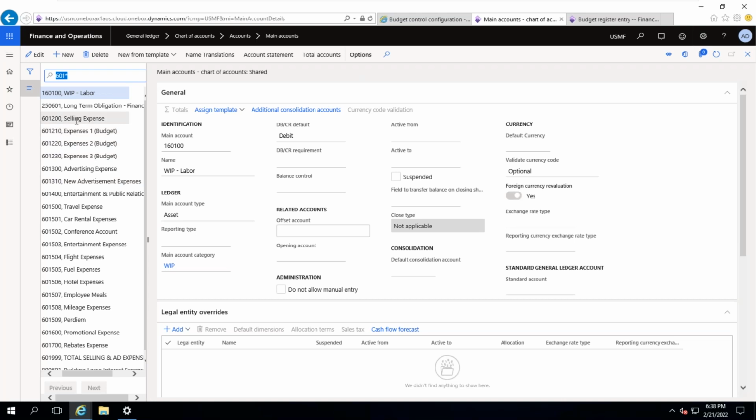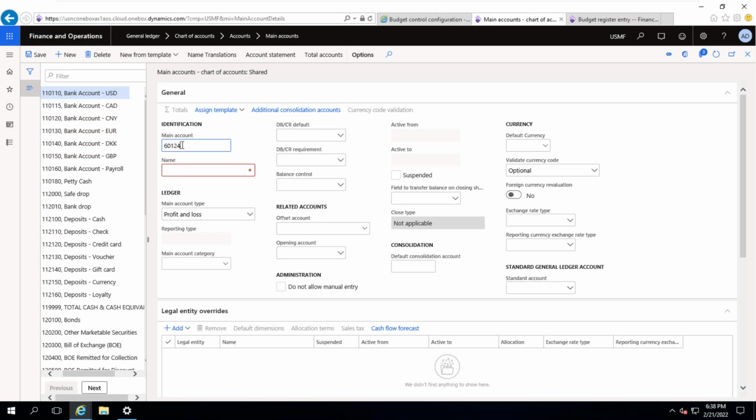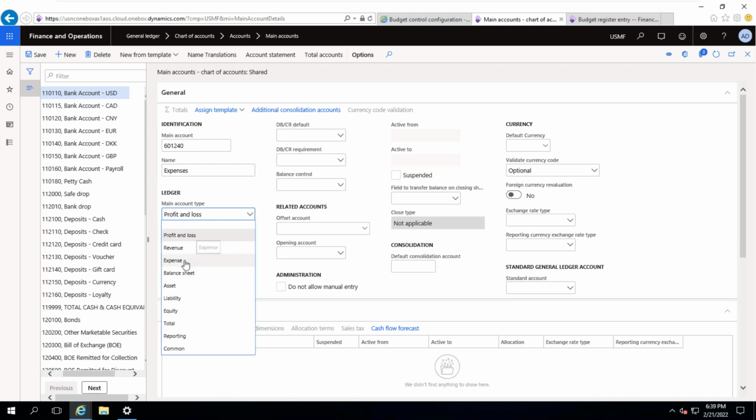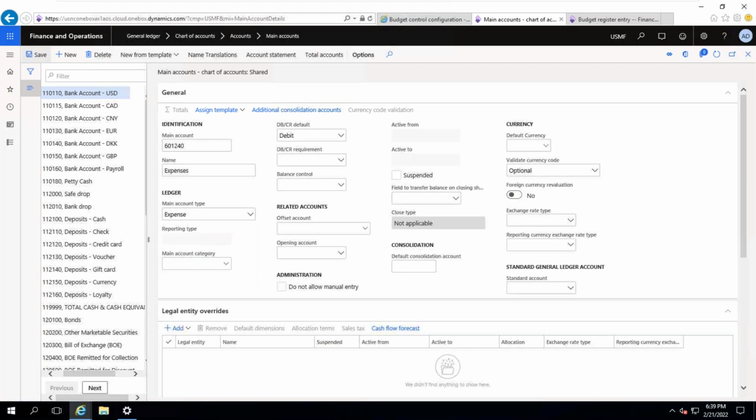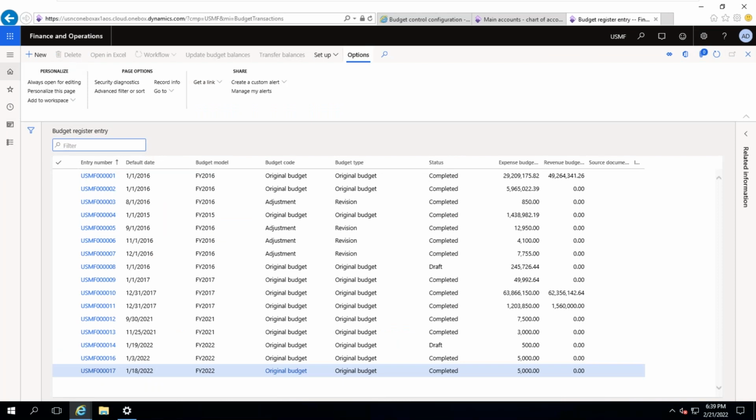So 601200, 601220, like this it is there. I'm creating 601240, some expenses. It is expenses I'm mapping. For this expense account, I'm planning some expenditure for this year.